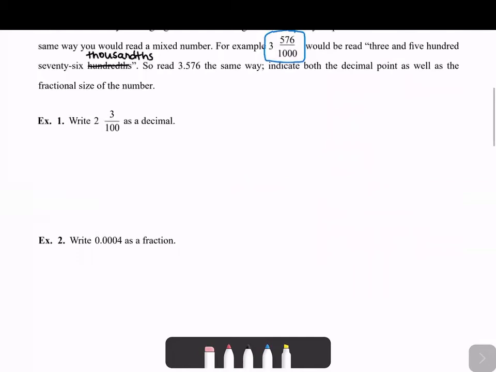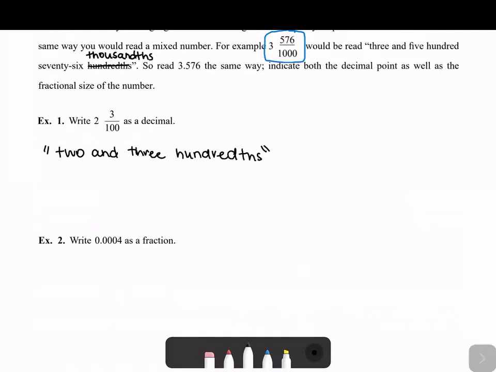We're going to write 2 and 3/100 as a decimal. The way I said it is really indicative of how it's going to be written. We read this as 2 and 3 hundredths.